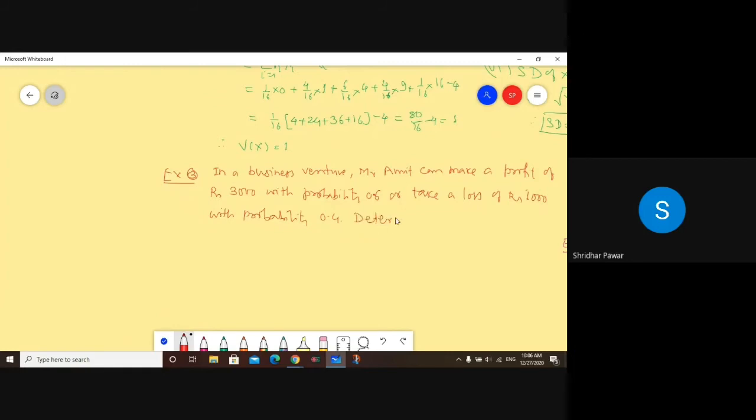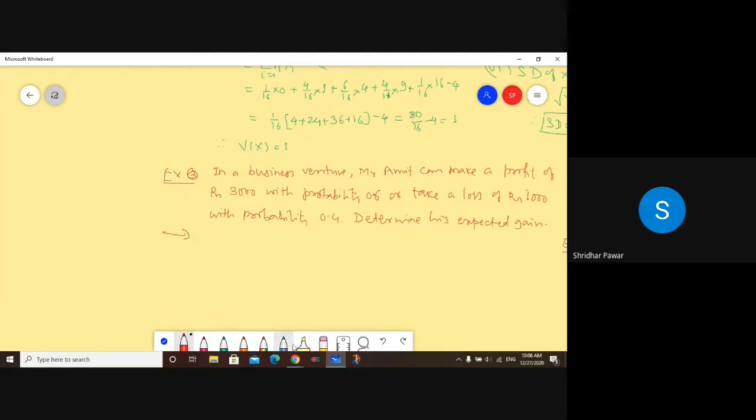Determine his expected gain. तर त्याला ऑन एन एव्हरेज काय फायदा होईल की तोटा होईल.